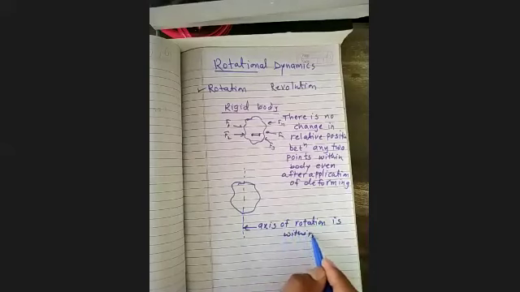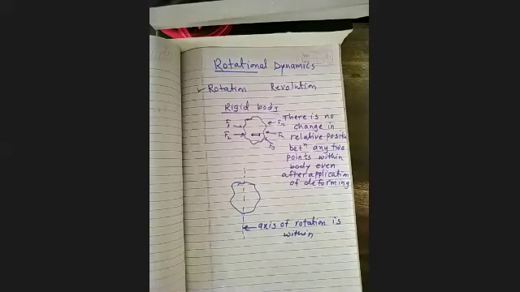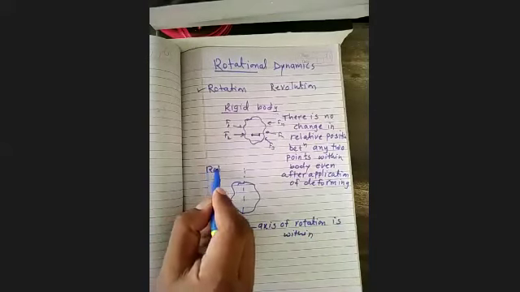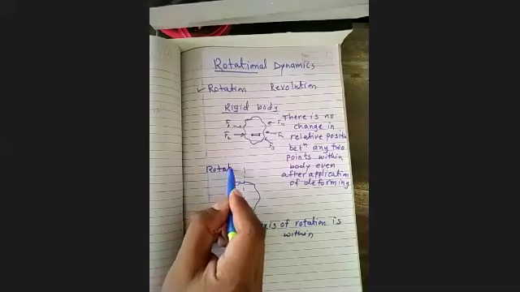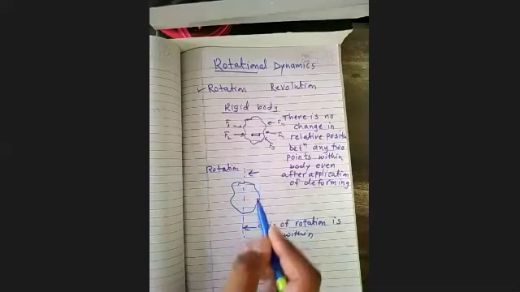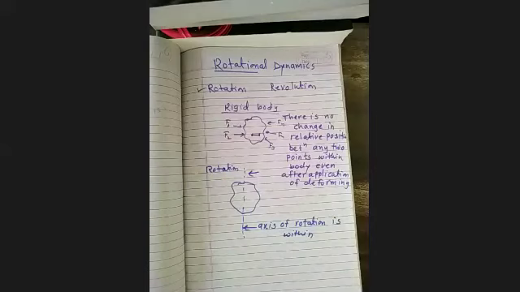This is a very, very important thing. In the case of rotation, the axis of rotation is within a body. But you may ask, in the case of a door, is the axis within the body? Yes, because the door is attached to hinges, and hinges are nothing but a part of that particular door. So that's the reason why that is rotation.